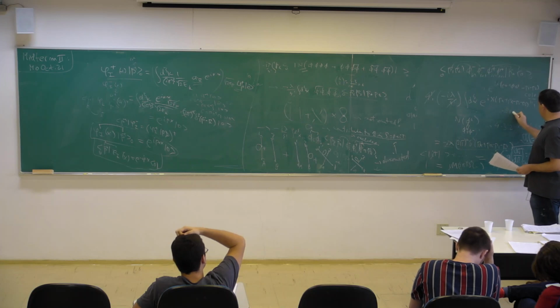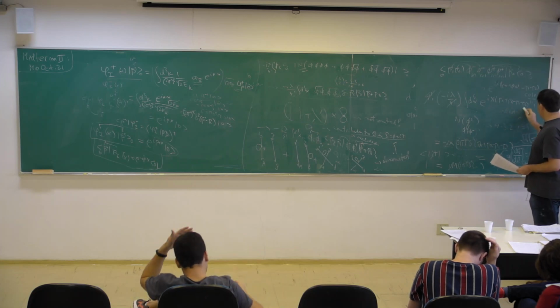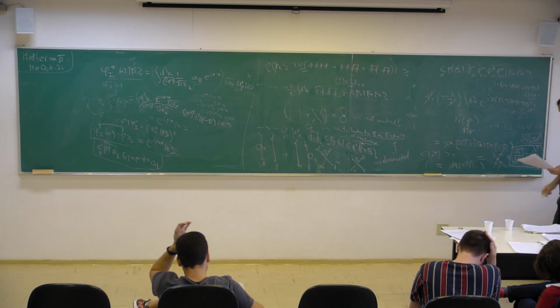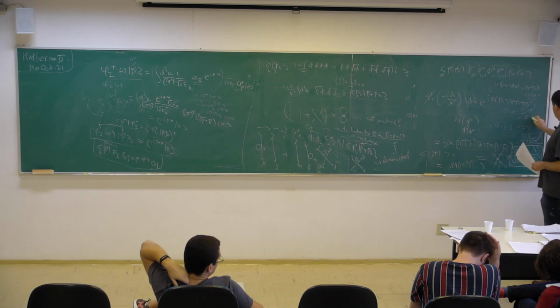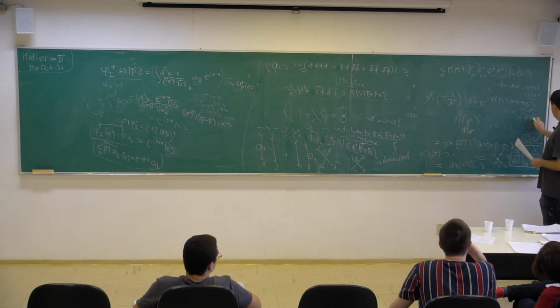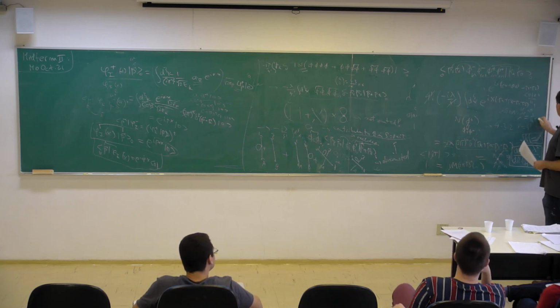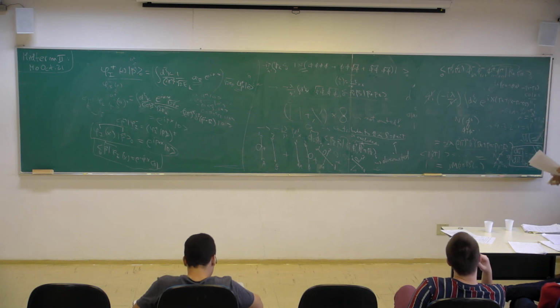So sigma total is just this dσ/dΩ times the full solid angle, which is 4π. So it would be 1 over 16π times the center of mass energy squared, times lambda squared.